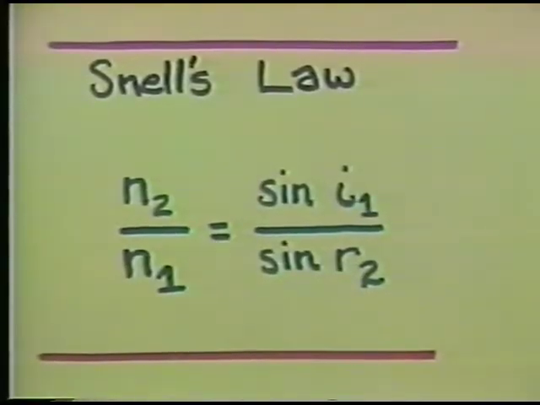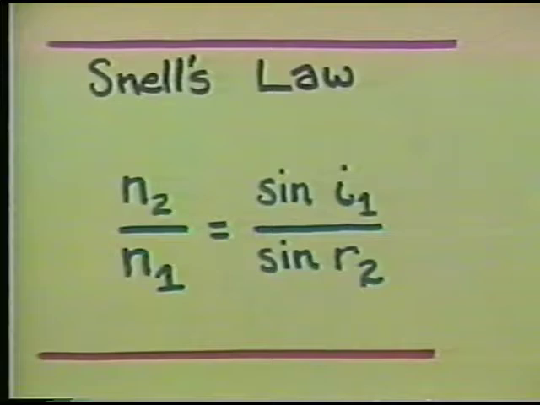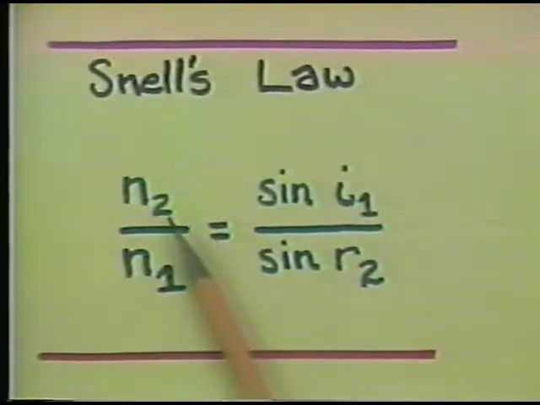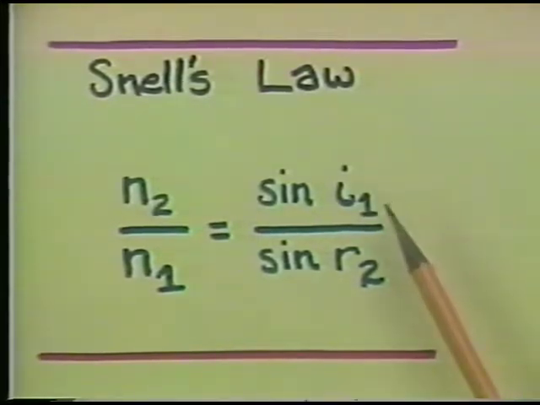Now there's a strict mathematical relationship between the angle of incidence and the angle of refraction, which is called Snell's law, taken right out of your introductory physics book, in which we can talk about these two indexes of refraction of substance 2 and substance 1, and the ratio of these two indices of refraction is the ratio of the sine of the angle of incidence over the sine of the angle of refraction.